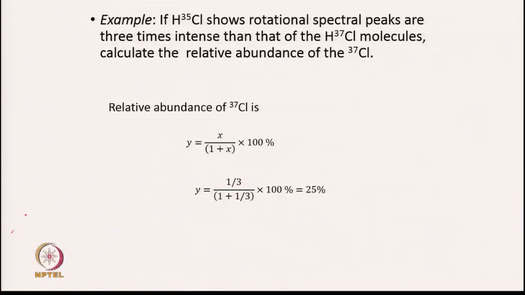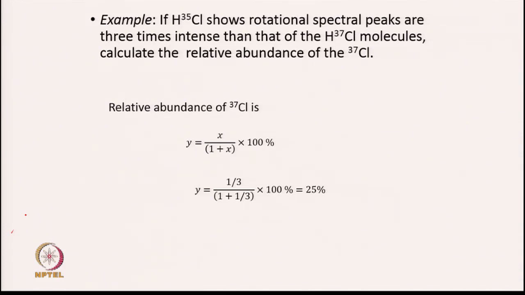Now we will see how to calculate the relative abundance of a certain isotope in a molecule by looking at the rotational spectrum of the molecule.